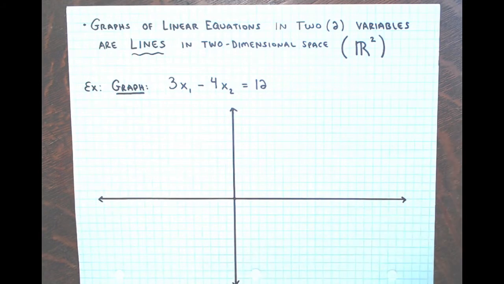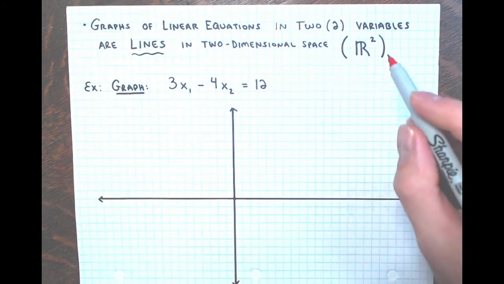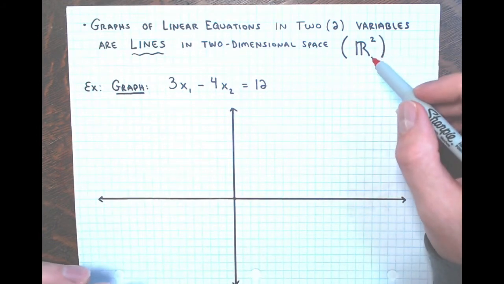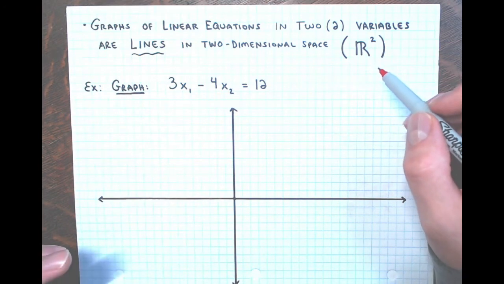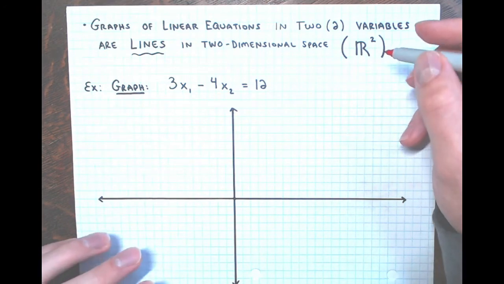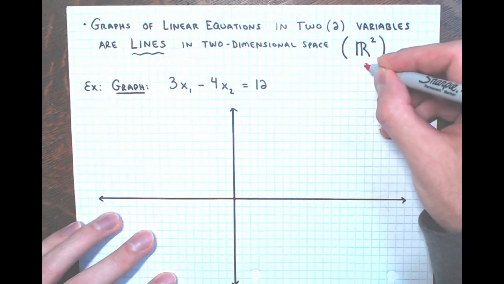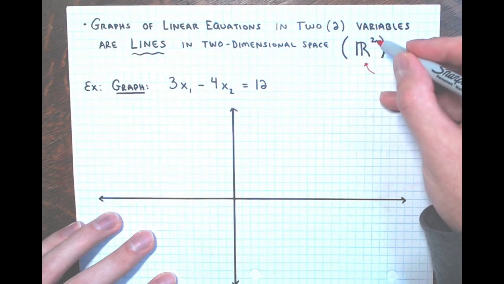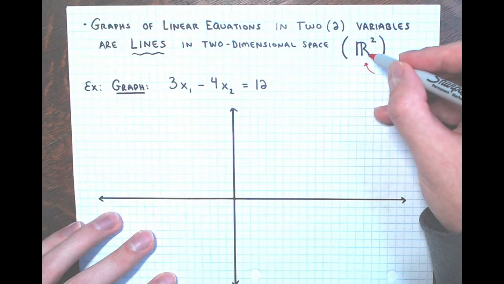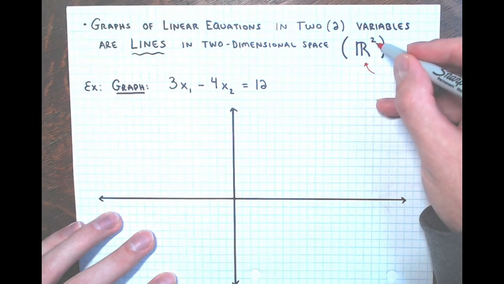Now, 2-dimensional space, when you have 2 variables and the solutions are 2 tuples or ordered pairs, which we'll see in a second, that space where you're going to graph your solutions is usually represented by R2. It looks like R squared. Remember, this was the symbol for the real numbers, and this basically tells me I'm looking at a space where there are 2 number lines, or we're looking at equations with 2 variables.